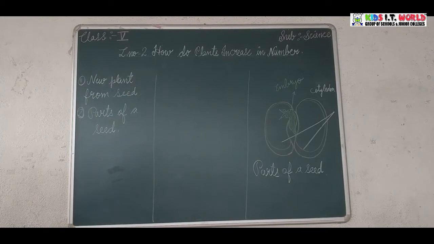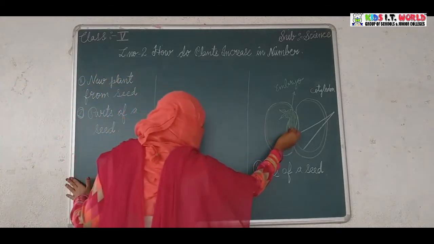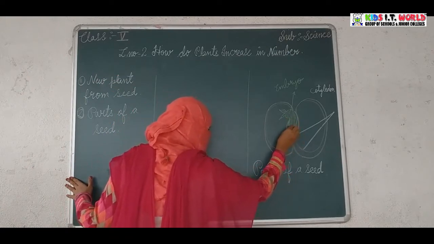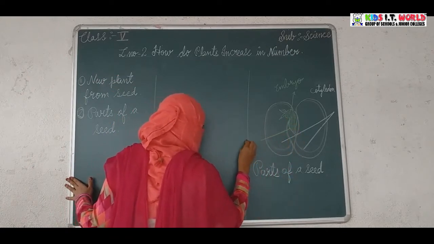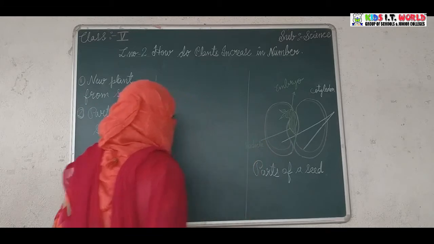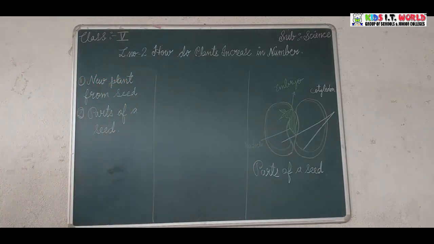The embryo inside the seed grows into a young plant. The baby shoot develops from the plumule of the embryo and the baby root develops from the radicle. This one is the radicle, and it is called a baby root also.